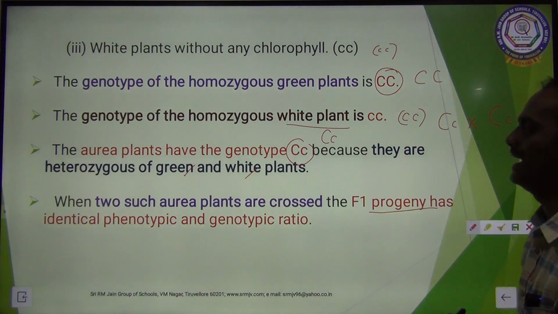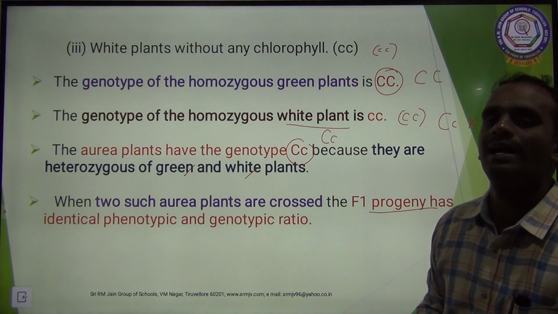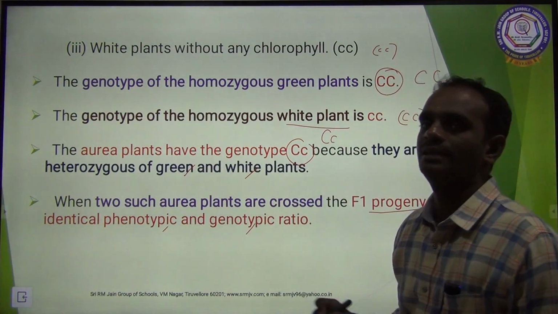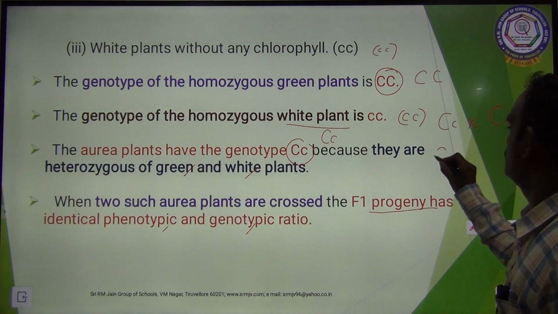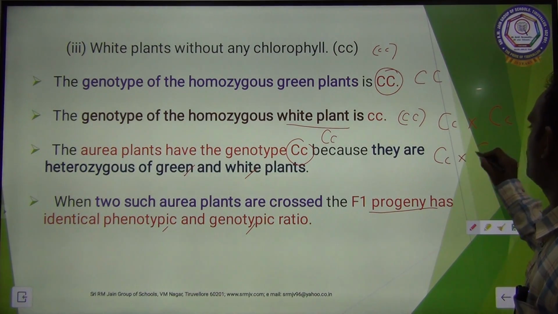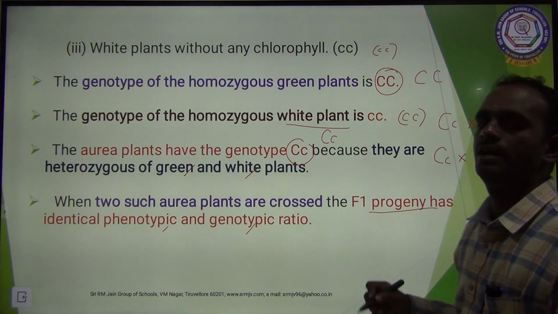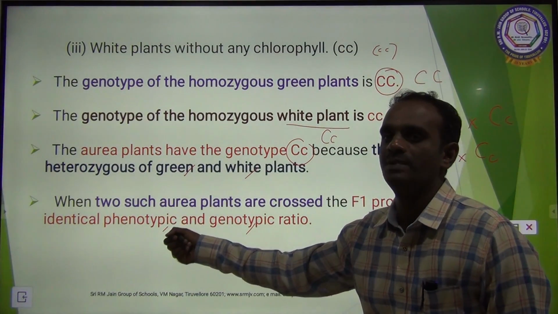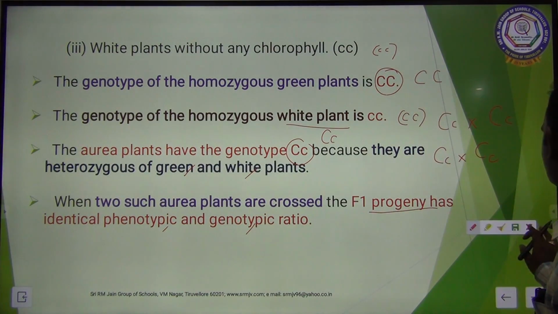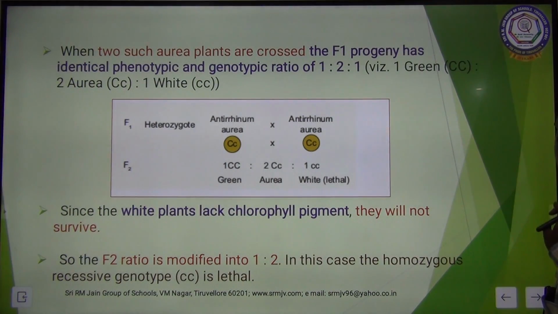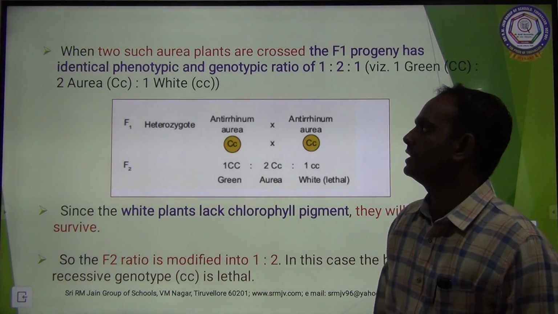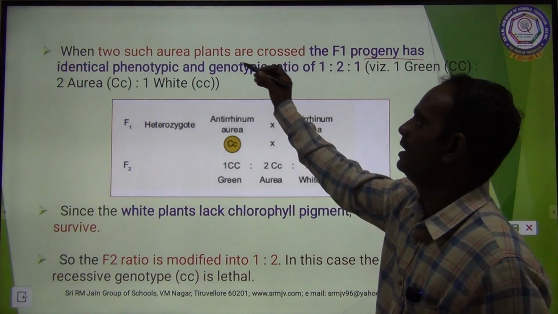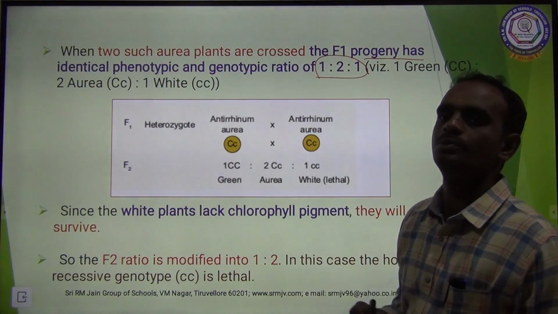The F1 progeny has identical phenotypic and genotypic ratio, 1:2:1.